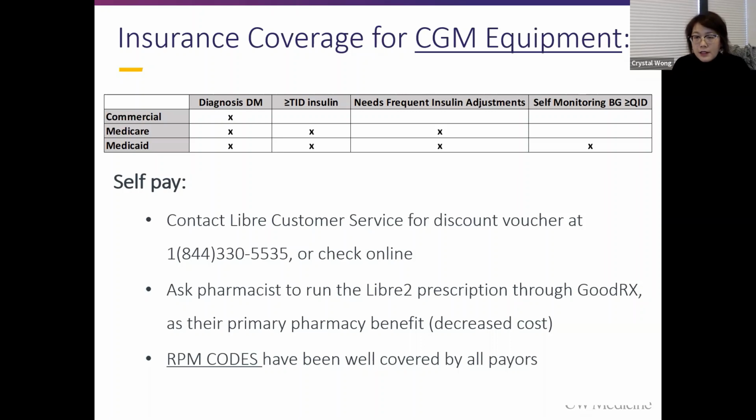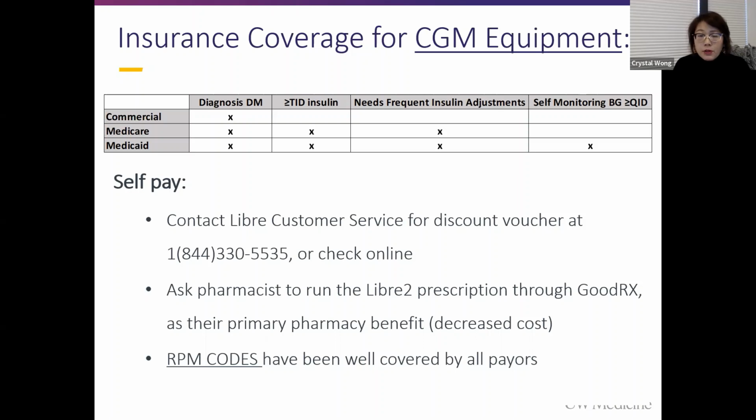Medicare, you get this another layer of really requiring insulin, and not just basal insulin, but needing at least TID insulin, and this subjective determination that this patient needs frequent insulin adjustments.